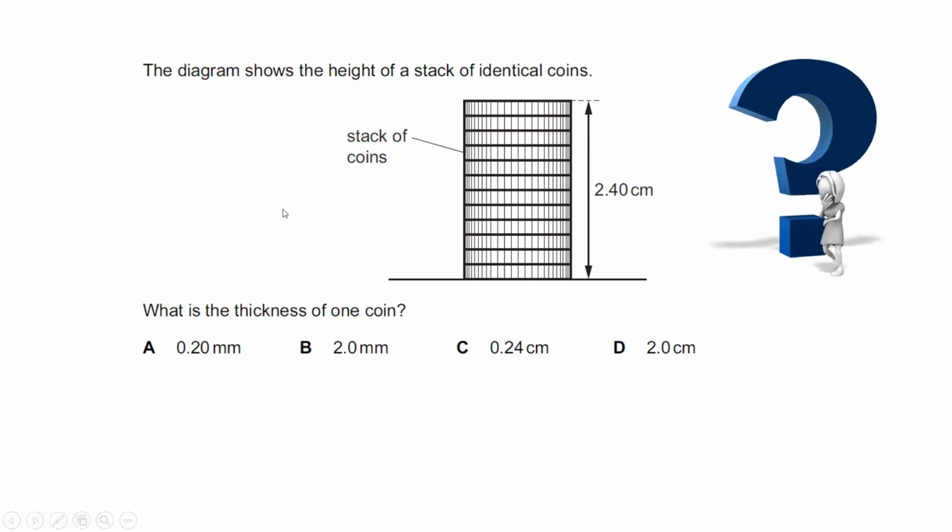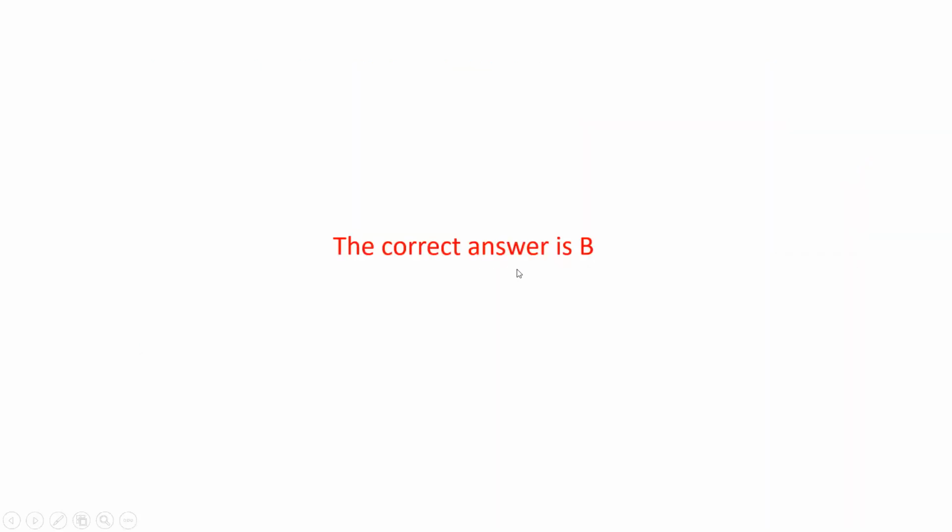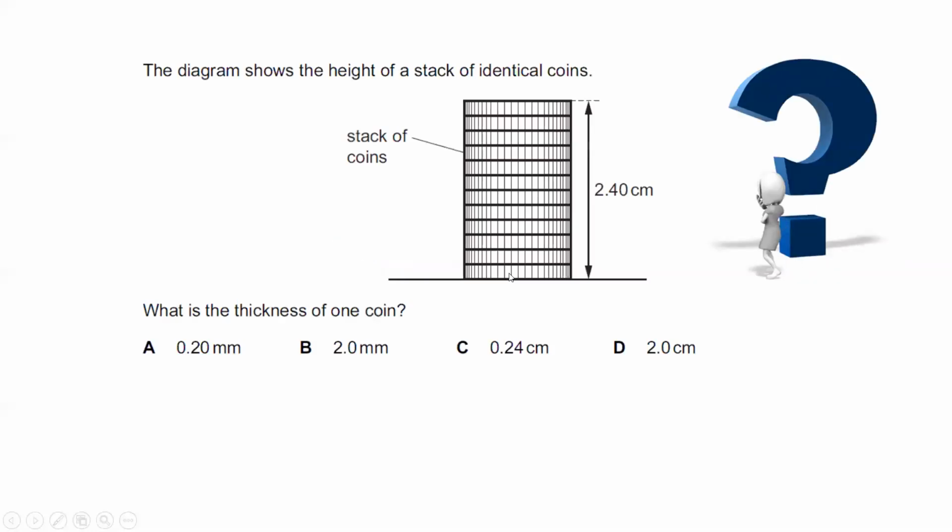So when we check the answer, what is the right answer? The right answer is B. But why is B the right answer? Because what you have to do is check the number of the coins first. They're asking for one coin. So 1, 2, 3, 4, 5, 6, 7, 8, 9, 10, 11, and 12.